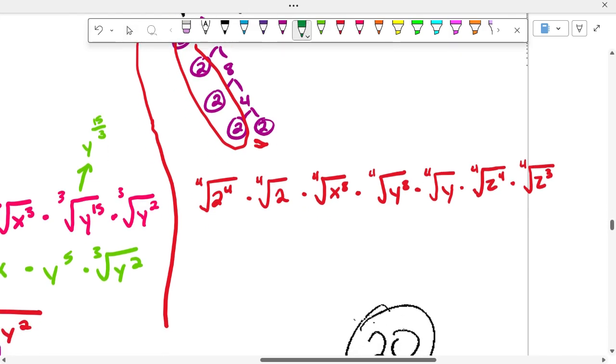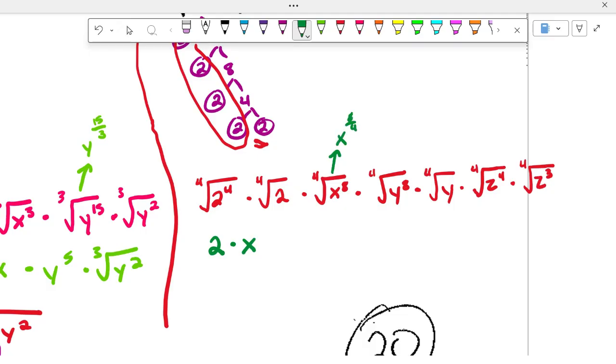So, what's the 4th root of 2 to the 4th? 2. What's the 4th root of x to the 8th? X to the 4th. Nope. This is x over 8 over 4.